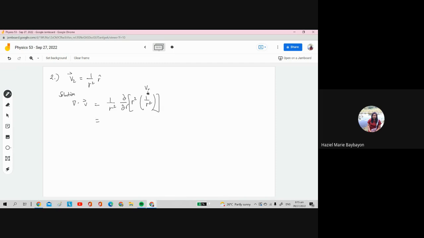So you have 1 over r squared, partial derivative with respect to r of r squared over r squared, which is equal to 1. What is the derivative of a constant?